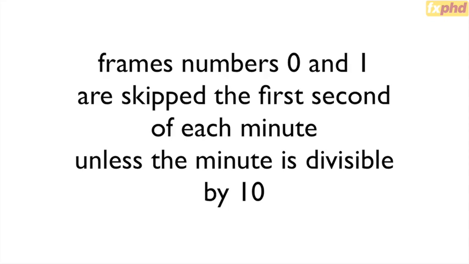But they found out with this that it would overcompensate for the timing error. So no frame numbers are skipped during minutes that are divisible by 10. So that would be in minute number 10, 20, 30, 40, etc. There's no skipping of frame numbers that happens during those minutes.